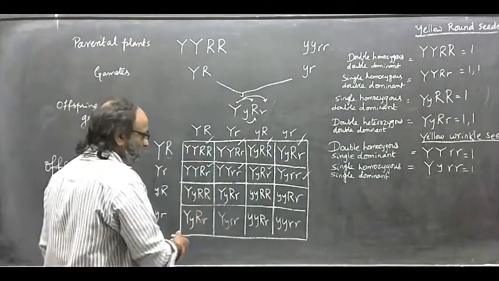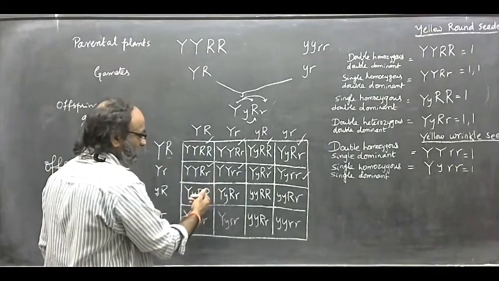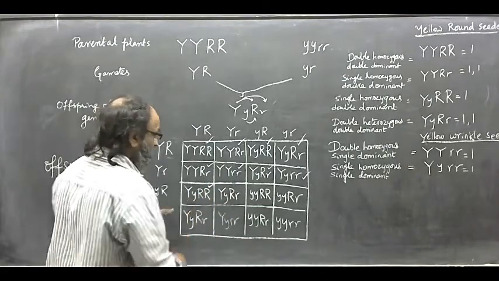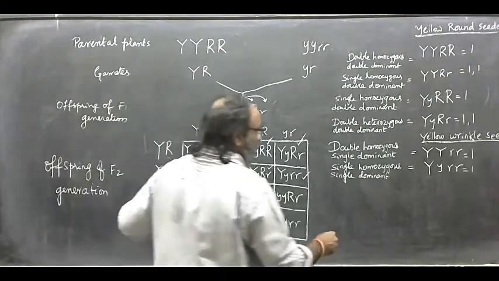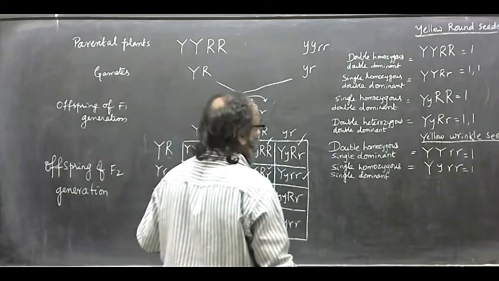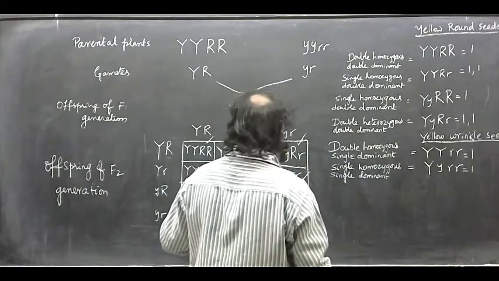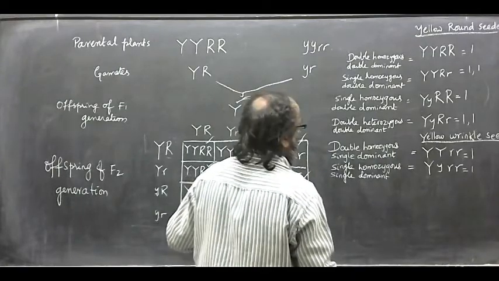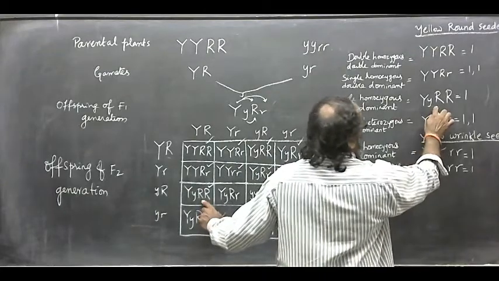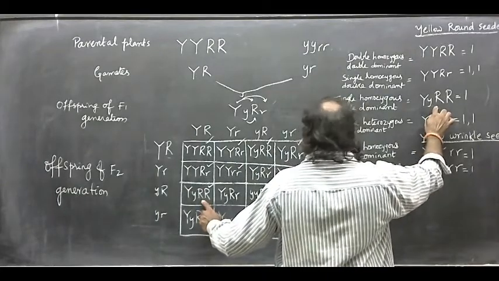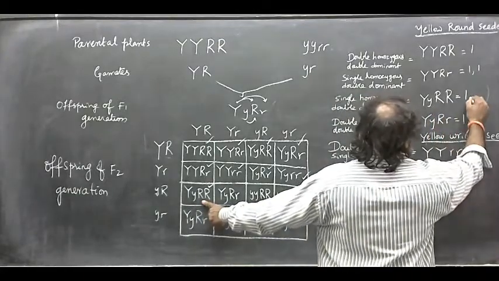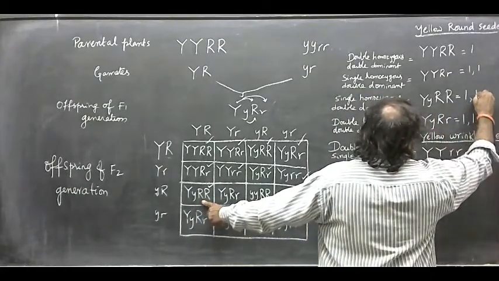Now we will analyze the third row. It is capital Y, small y, capital R. Such genetic makeup is already seen here: capital Y, small y, capital R. This is the second so far.